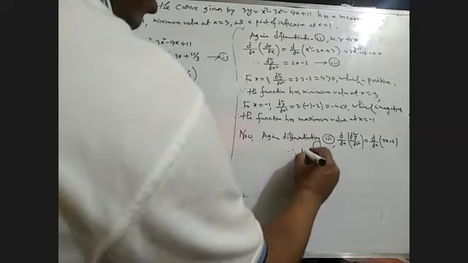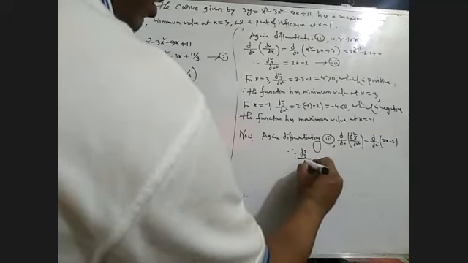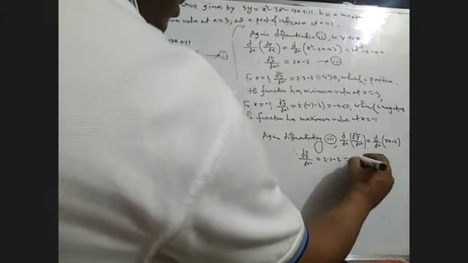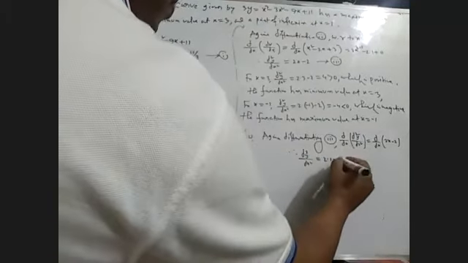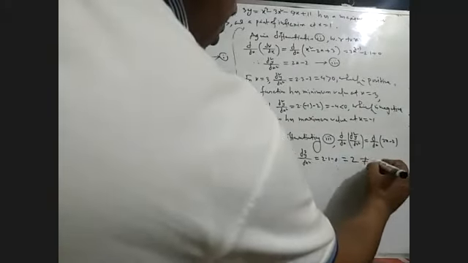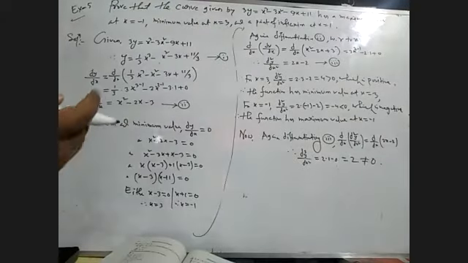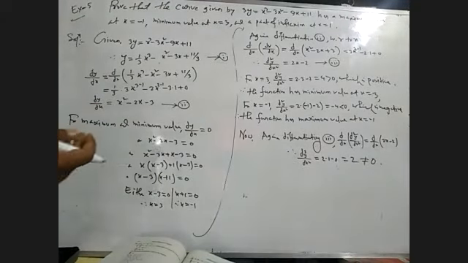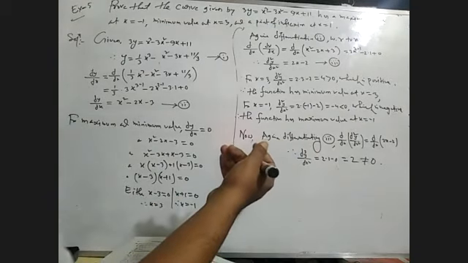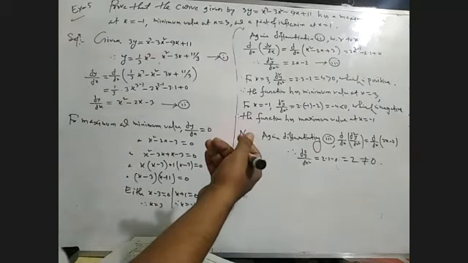Therefore d cubed y by dx cubed equals 2 into 1 minus 0, which is 2, not equal to 0.